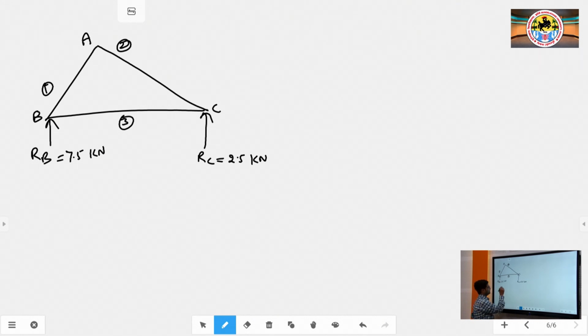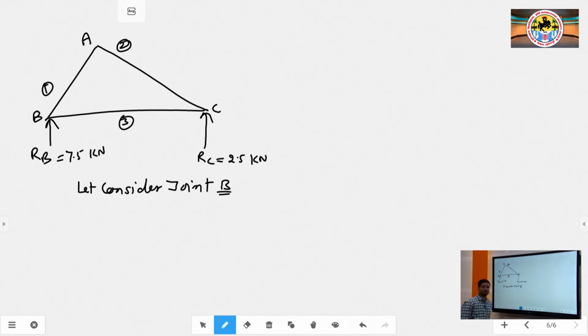So, let us consider joint B first. Here, a certain point should be noted: you have to consider those joints first which have not more than 3 unknown forces.